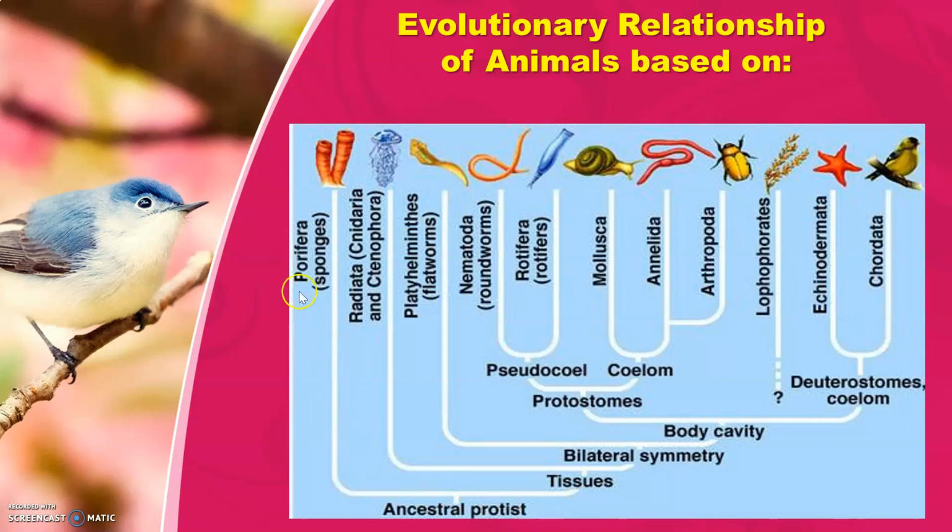Example, Porifera, they are sponges, they don't have true tissues. When the tissue appear in the phylogeny tree, the phylogeny tree diverge and start from Cnidaria up until Chordata, and further it divides when the symmetry existed, the body cavity existed, and then further advance in terms of the coelom.